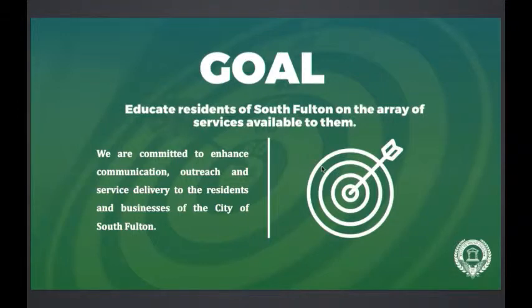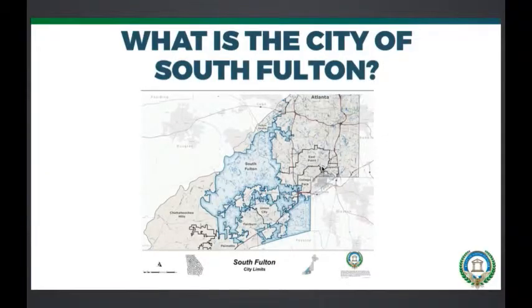I think with serving under our honorable mayor and council, we want to really double down on the commitment to enhance communication, ensure that outreach is effective and immediate and accessible at all times, and really connect the service delivery directly to the residents and businesses of the City of South Fulton.